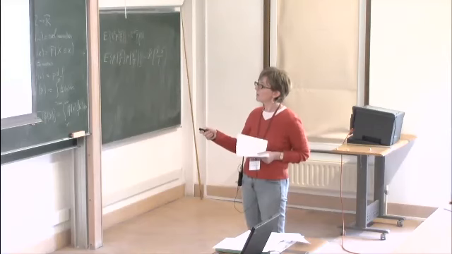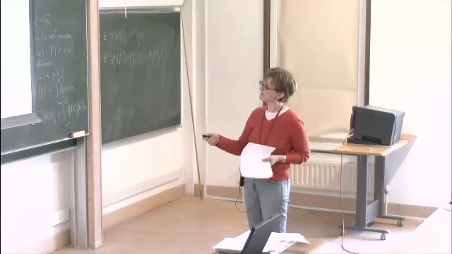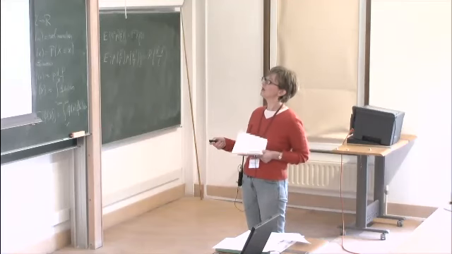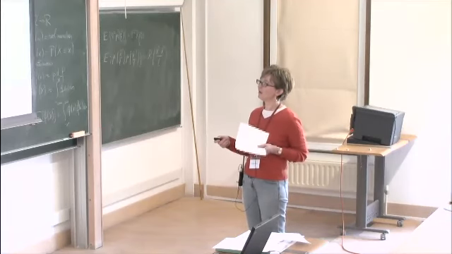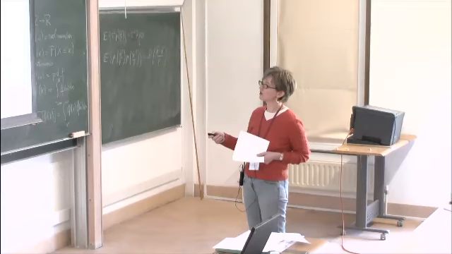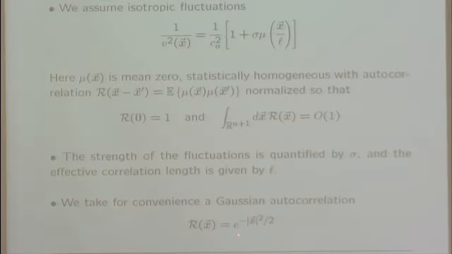And then for the purpose of this course, because I want to do explicit calculations, I am going to take a very particular form of the autocorrelation function, which is this Gaussian. This does not mean, of course, that mu is a Gaussian process. It doesn't mean that at all. It's just the form of the autocorrelation.